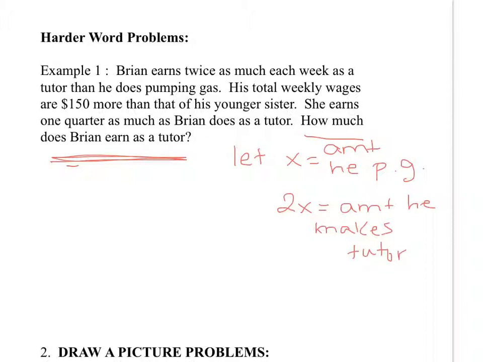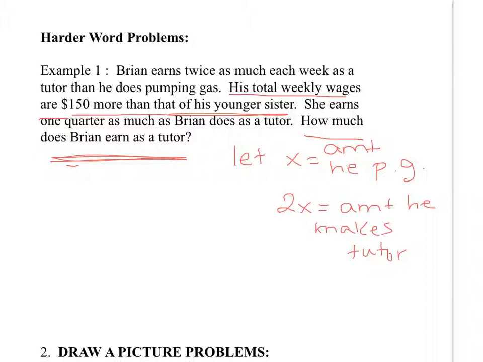Okay? If I didn't do it like this, then what would happen is if I let X equal the amount he makes tutoring, then the amount he makes pumping gas would have to be 1/2 of it. So we'd be adding fractions to the equation that I don't really want to add if I don't have to. All right, but now we've got to deal with this younger sister thing, okay? So it says his total weekly wages are 150 more than that of his younger sister.